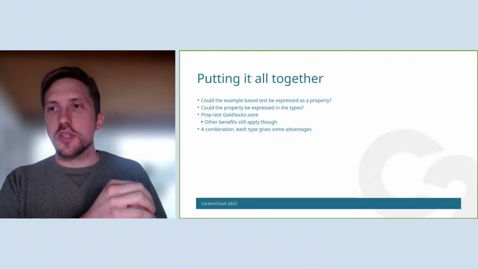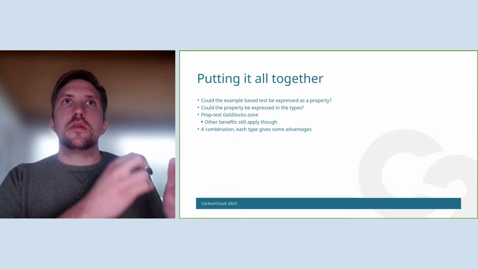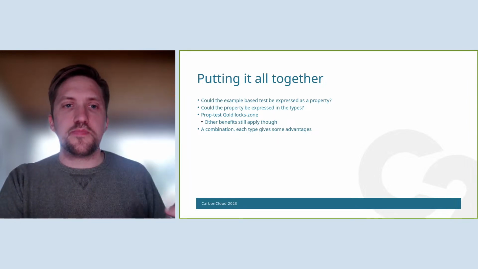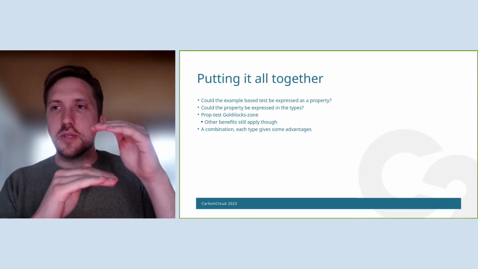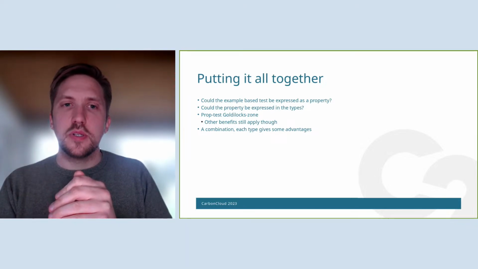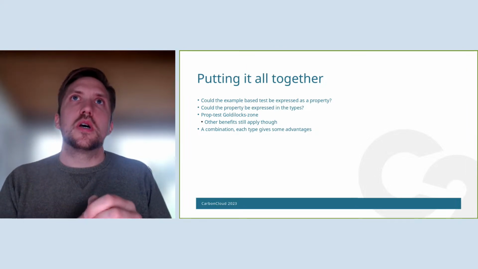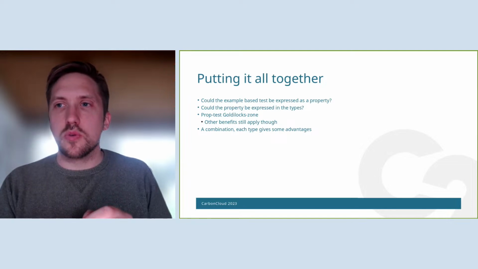But I would say we have captured a lot in the types, and we have a lot of example-based tests, especially at the API level, to say the JSON should look exactly like this, and more scenario-based testing as well. That leaves us with much fewer property-based tests, because we have continuously pushed it over to the types. But some things are too expensive, or Haskell does not have a good enough type system to capture them in a good way.